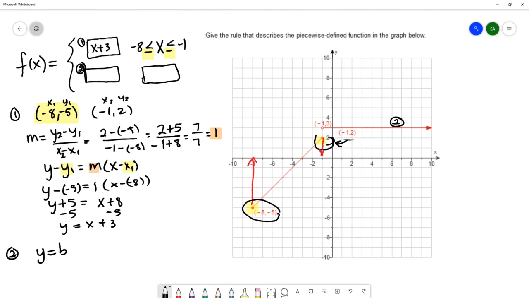So all I need for this is to determine what that value of b is. I notice that this equation has an endpoint of negative 1, 3. 3 is the value of b. So the equation of this horizontal line is y equals 3. So that's the equation that goes in the second spot there.